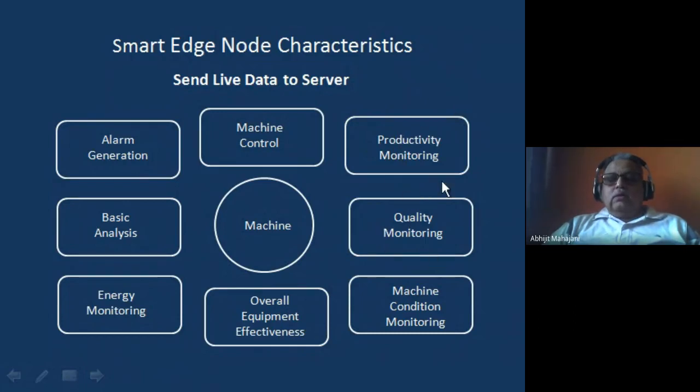And then you have something called quality monitoring also, which is required, because we always say that when you want to go for any kind of automation, your processes must be robust. Because if you don't have a robust process, you might end up with a lot of rejections. You know, garbage in, garbage out. That is basically because programs are checked, cross-checked, and perfected. But that doesn't happen with the manufacturing process.